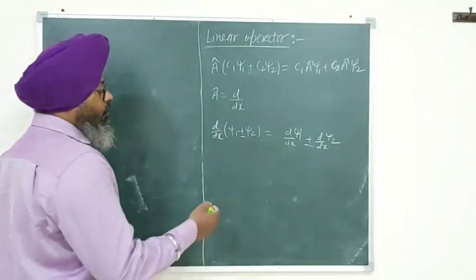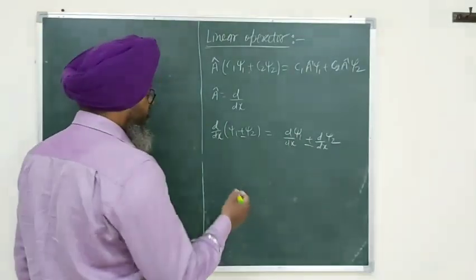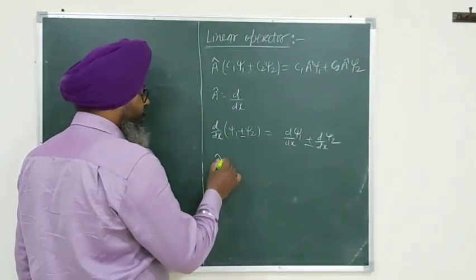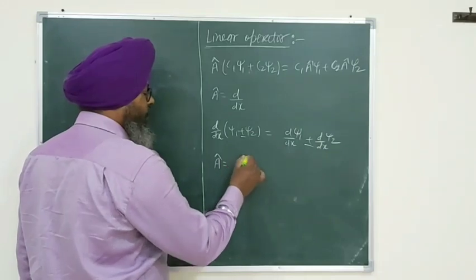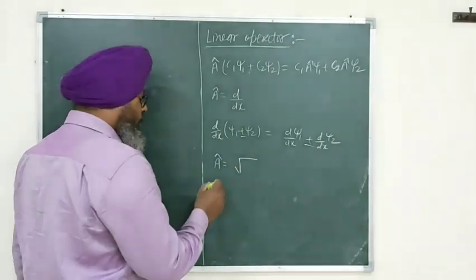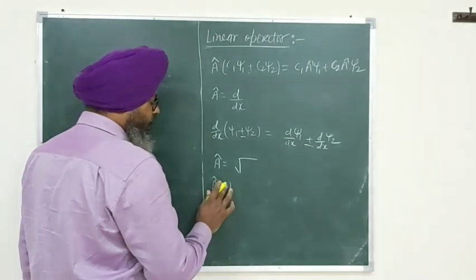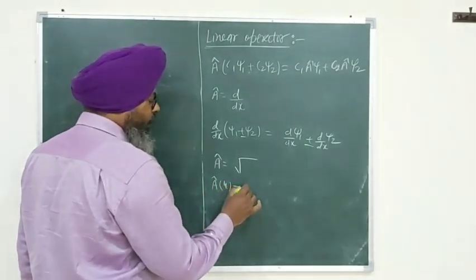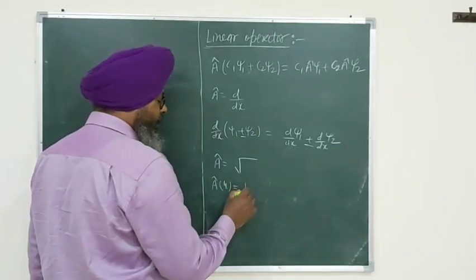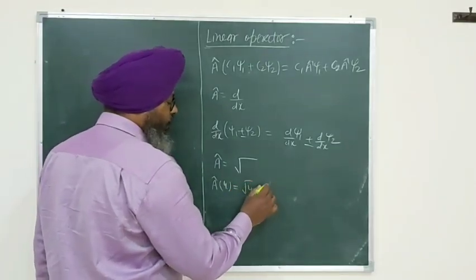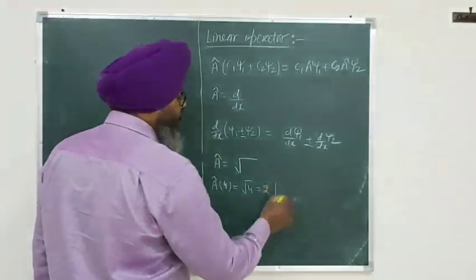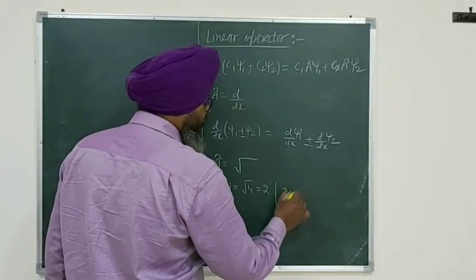Let us now take an example of a non-linear operator. Let us again go to square root. Let A cap be square root now. Now look, what would be A cap of 4? Everybody will be able to understand this concept now. That is equal to square root of 4, which is 2. And what will be A cap of 9?